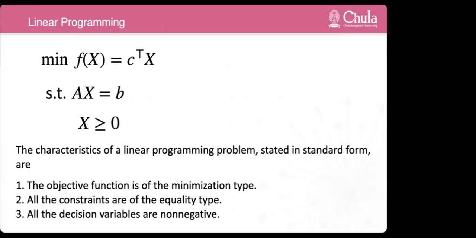This is our standard form of linear programming. For the standard form, the objective function is the minimization type. If you have a linear programming problem which is a maximize of something, you can convert it to minimization form by multiplying with -1.